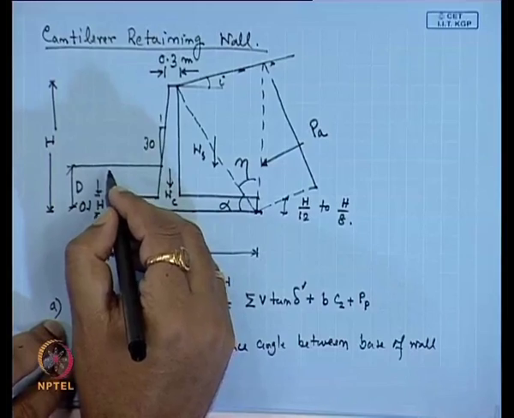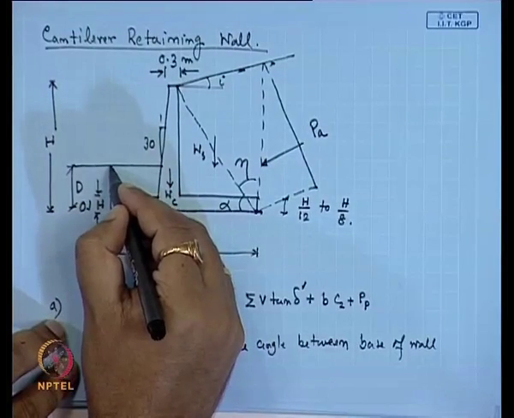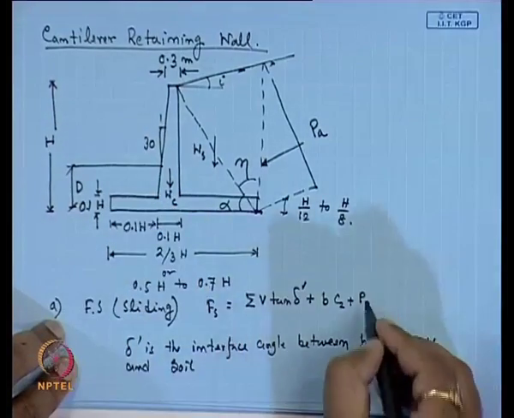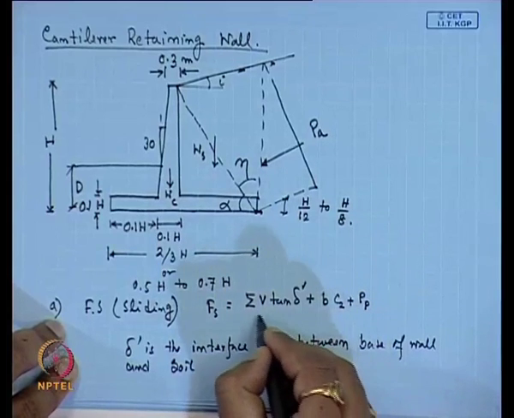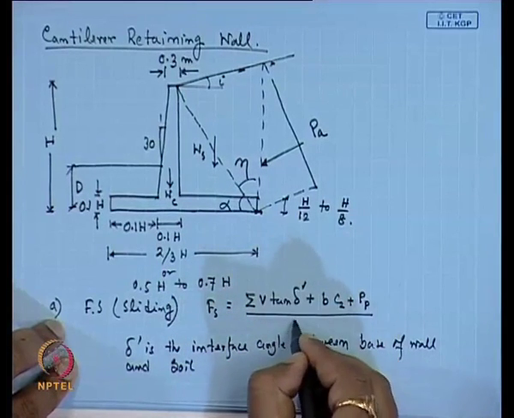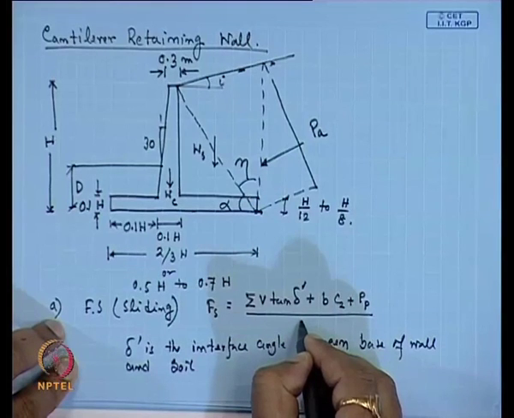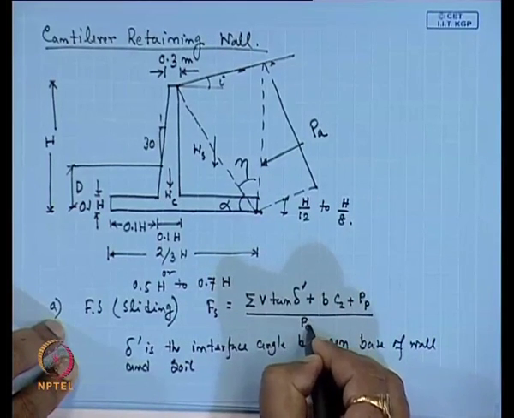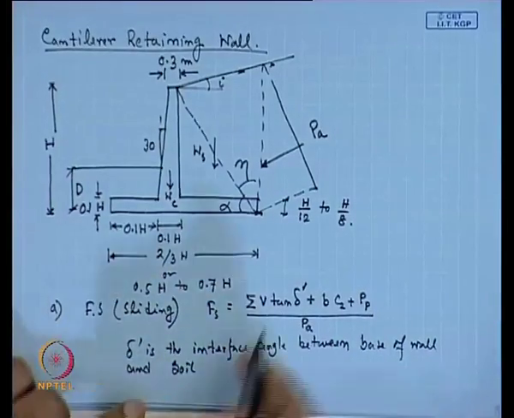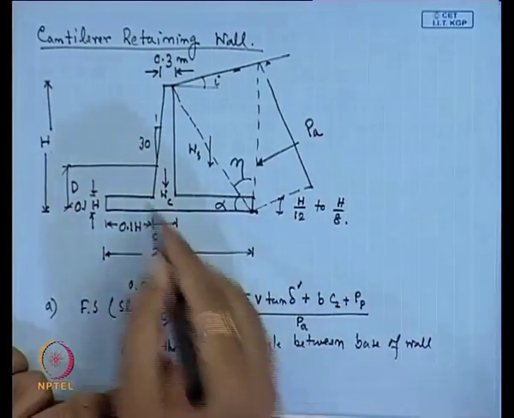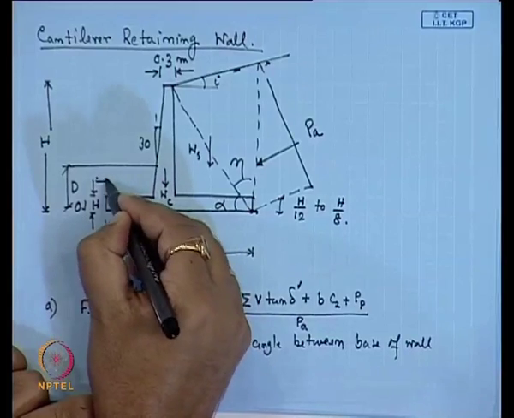which is also acting here. So, if I consider P p as the passive force, that will give you the base friction angle divided by P h or P a, that is the horizontal force. So, this force, P p, will act here.